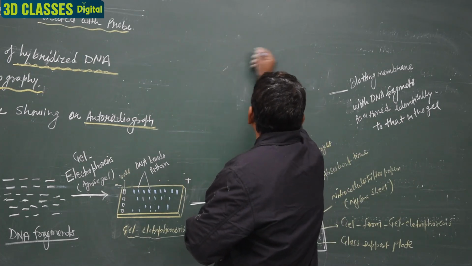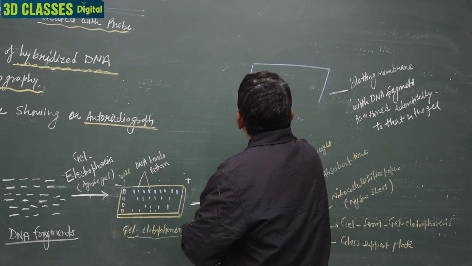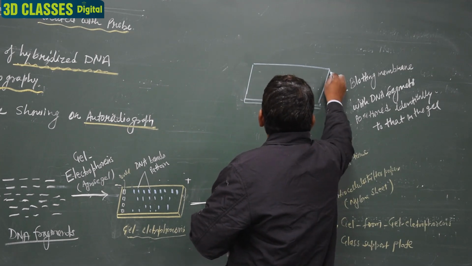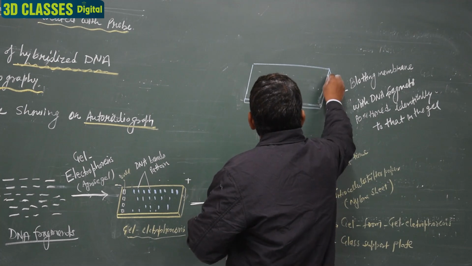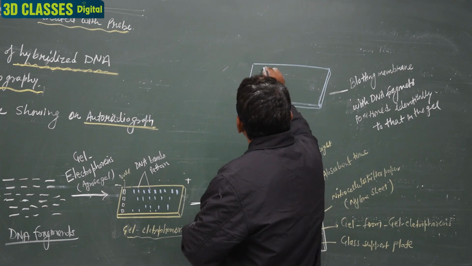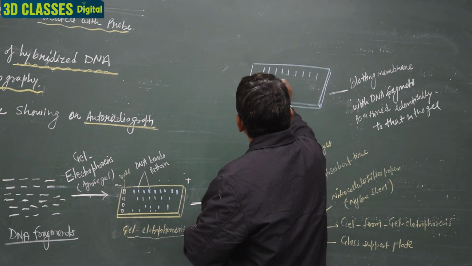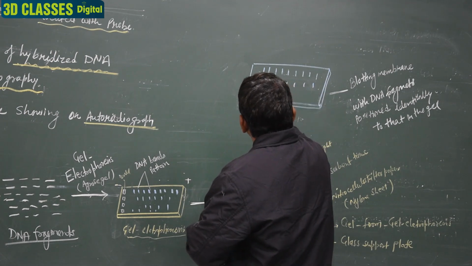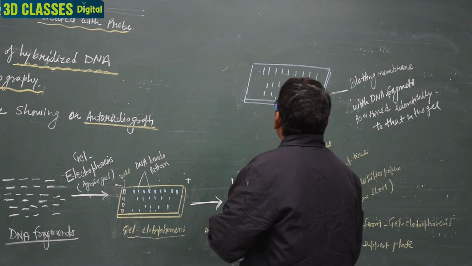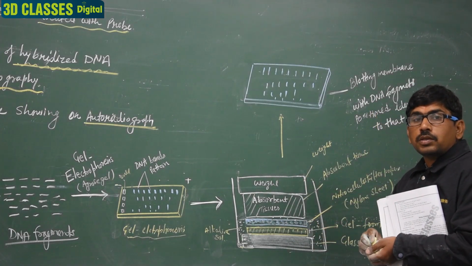So I mention a bigger diagram, like this. This is a blotting membrane, and this membrane contains the same band pattern similar to the gel pattern.